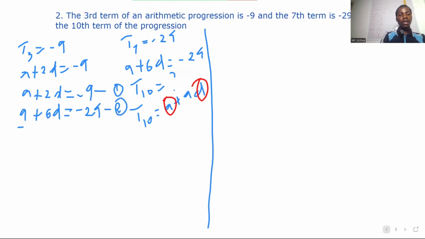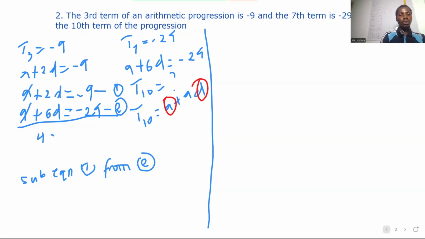So we say subtract equation 1, that's the smaller one, from 2. So having done that, we're going to have a minus a, and we're going to have 6d minus 2d, which is going to give us what? 4d.